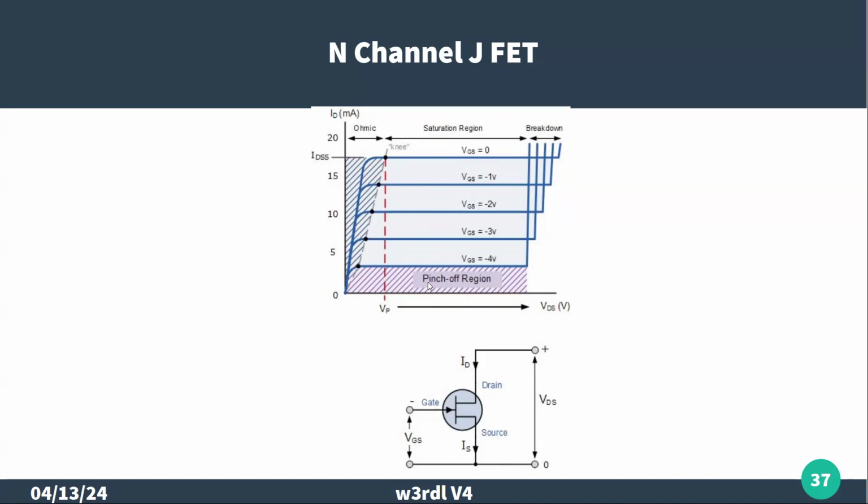It'll either turn it on or turn it off like a switch. If we wanted to use it as an amplifier, we would set a bias voltage, say -2 volts, and apply an input signal, which would vary around that bias voltage and control the amount of current through the device.